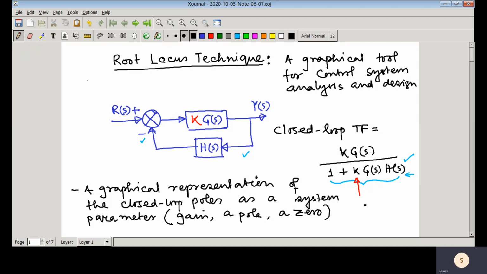So that means if a parameter is varied, then what would be the closed loop poles? Its graphical representation is called the root locus.